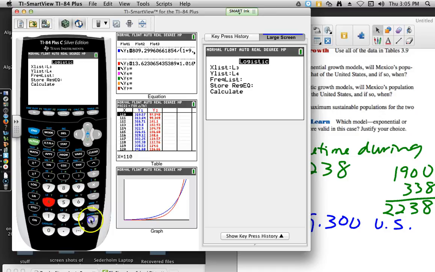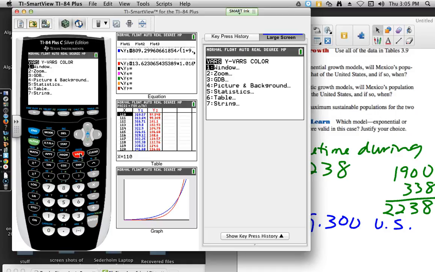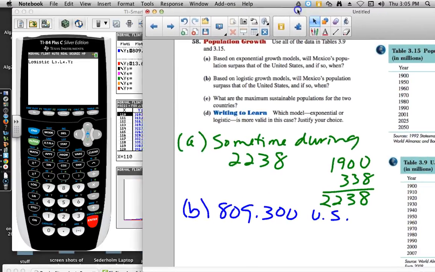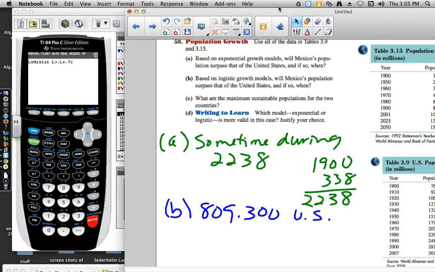I wanted that all in at one time so that we could go ahead and do all of this math. So variables, Y variables, 1, but now number 2 for Y sub 2. Again, this is just in case the Mexico sustainable population ends up being higher than the United States.